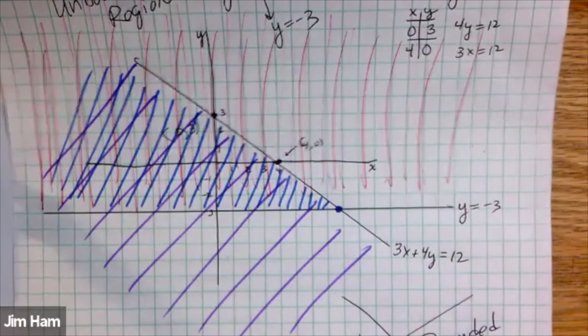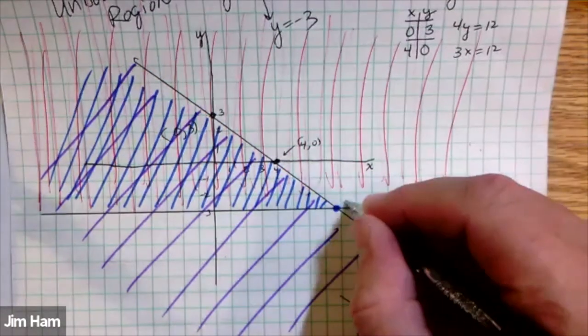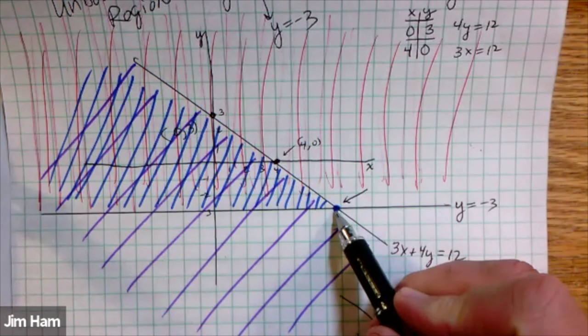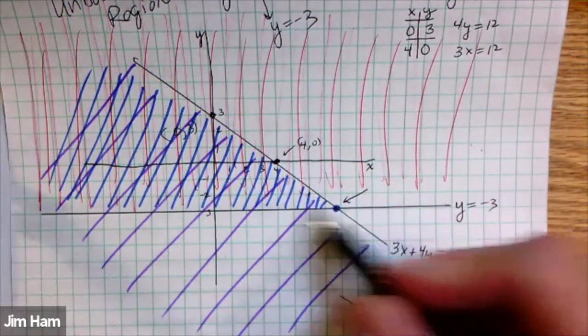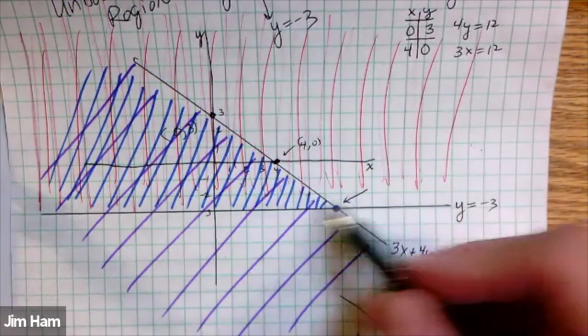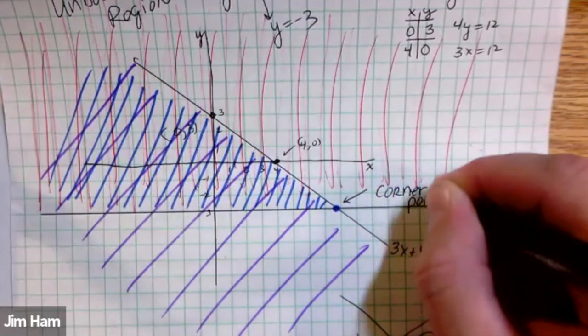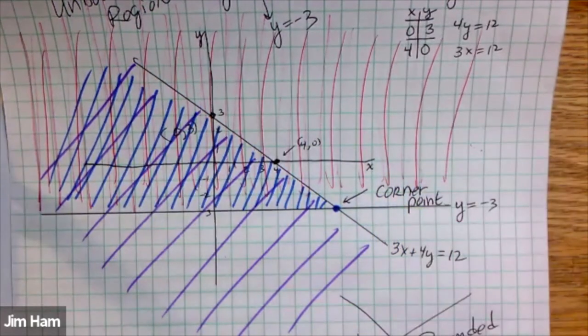The other thing that you're going to be asked to identify is this point here where two of the lines intersect. It's on both boundary lines, and it forms a corner, and we call this a corner point. And you're going to be asked to find these corner points in these problems for today.